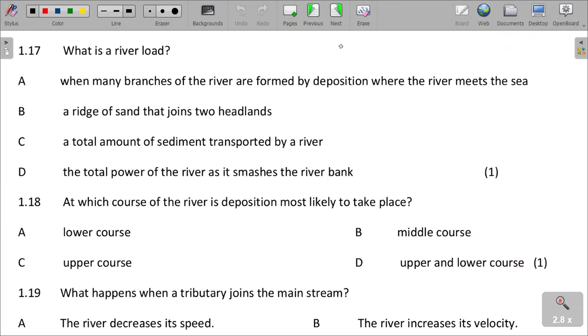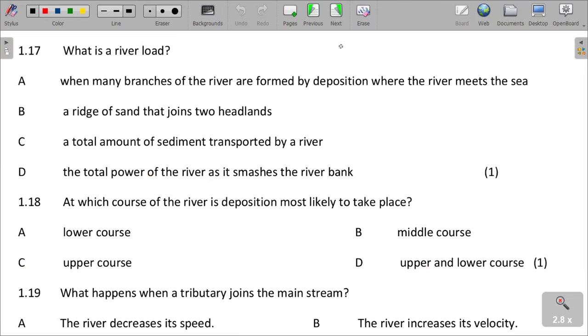And then what is a river load? A river load is the total amount of sediment transported by a river. We can say all the material that the river is carrying or transporting, we define that as river load, which can be in various forms. It can be solids, it can also be dissolved minerals.